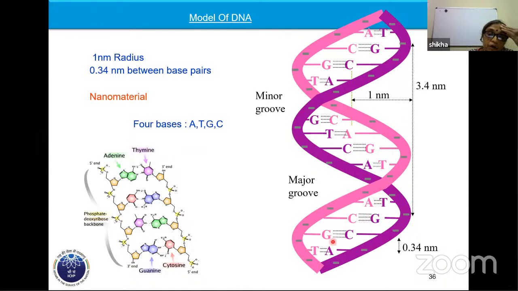And these are all nitrogen bases, whereas the backbone is phosphate and negatively charged. This diameter is about 1 nanometer, and each base pair is separated by about 0.34 nanometer. So then 10 base pairs is about 3.4 nanometer. Again, there is a phosphate backbone, internally connected by the moiety of nitrogen bases, ATGC.